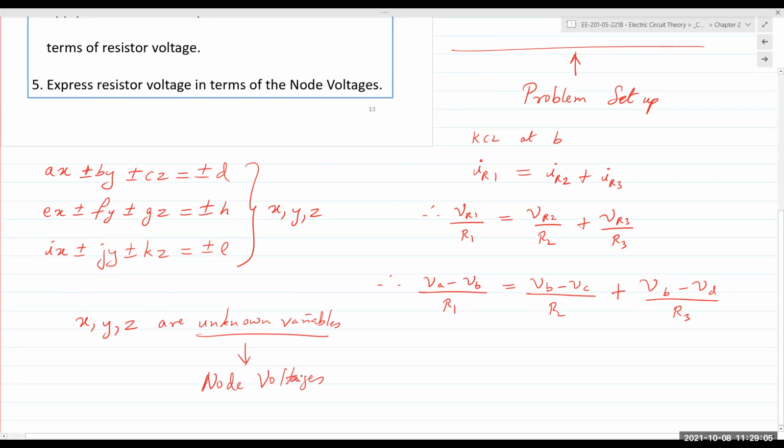If you have one unknown node voltage, you want to have at least one equation to solve it, right? If you have 2 unknown voltages, you want 2 equations. If you have 3 unknown variables, you want at least 3 equations, and so on. Most of the circuits that you look at in this class will not be more than 2 or 3. So you want to have at least as many equations as you have unknown variables.